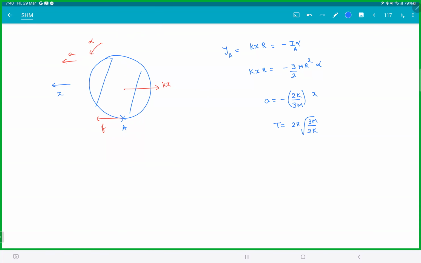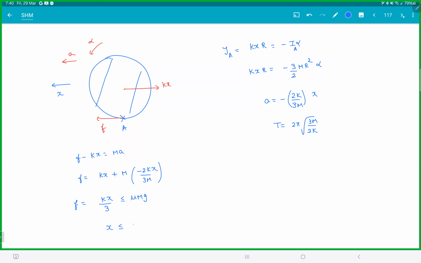Find the maximum amplitude. How will you do that? Now from here we can find F minus kx is equal to mass into acceleration. So friction will be kx plus ma, which is minus 2kx by 3m. So friction will be kx by 3, which will be less than or equal to mu mg.